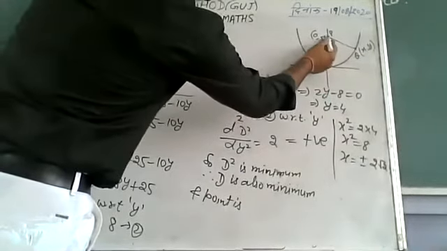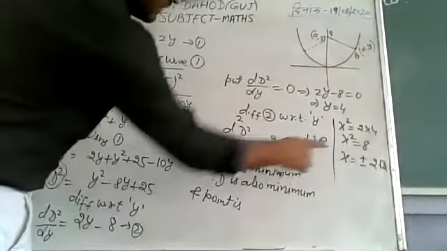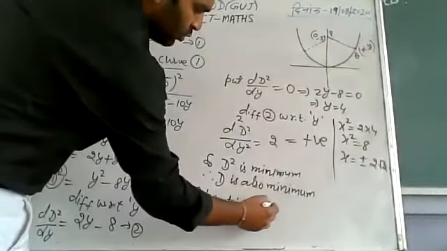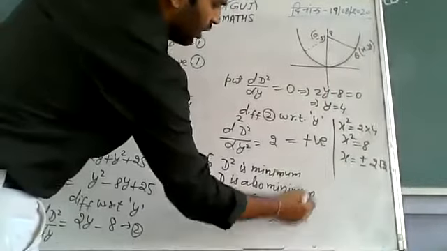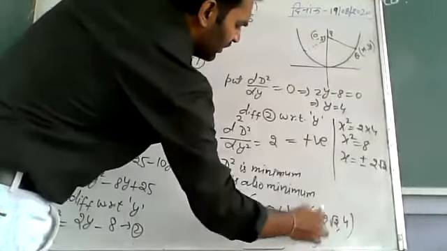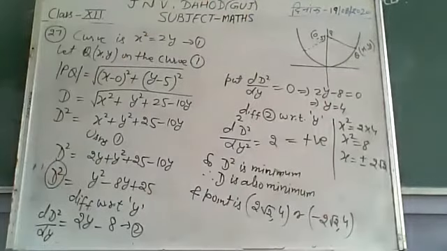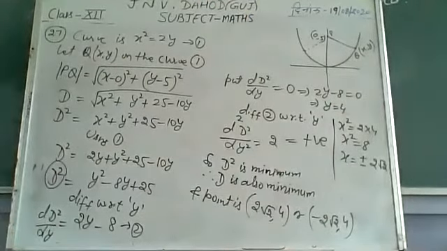These are the 2 points. ये दो पॉइंट हो सकते हैं, वो यहाँ भी हो सकता है, यहाँ भी हो सकता है. So the point is x is 2 root 2 and y is 4, or x is minus 2 root 2 and y is 4. These are the 2 possible points which are at minimum distance from the point 0, 5.